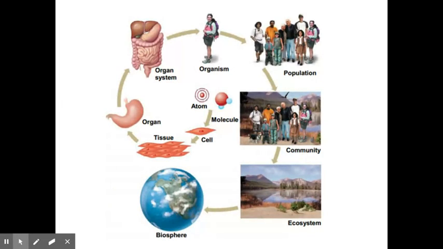Okay? But those organ systems all work together to create an organism. Those organisms function together to create a population. Those populations function together to create a community. And then those communities work together to create an ecosystem, all the way up till we get to our biosphere. Okay?